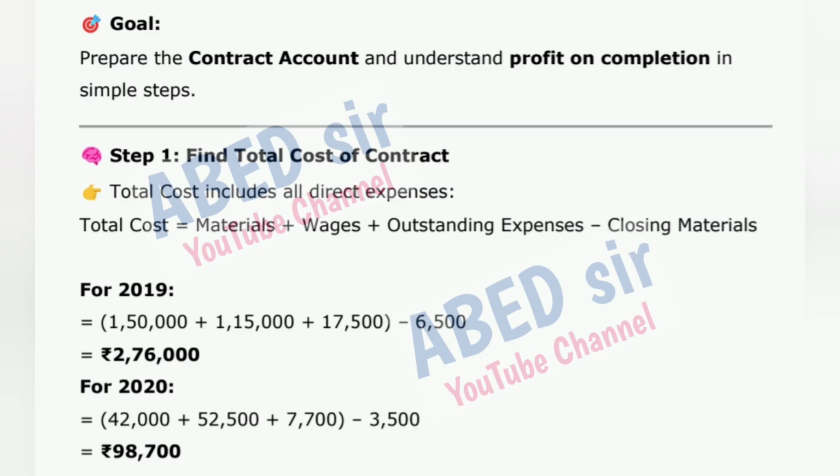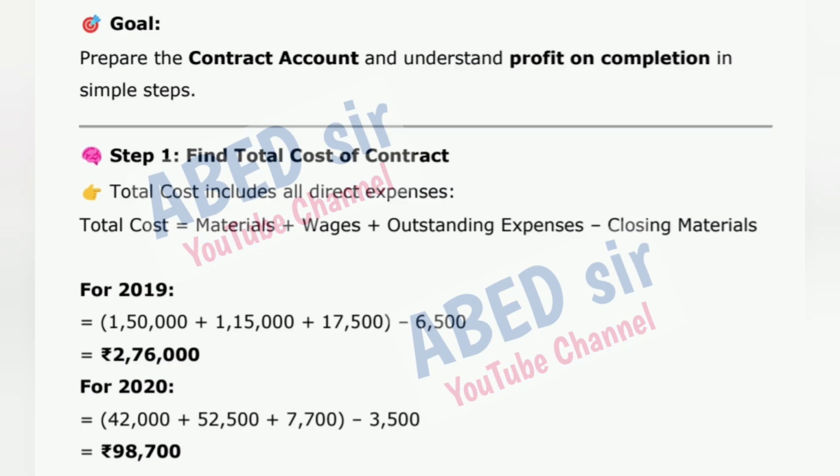Step 1. Find total cost of contract. Total cost includes all direct expenses. Total cost is equal to materials plus wages plus outstanding expenses minus closing materials. For 2019 is equal to 1,50,000 plus 1,15,000 plus 17,500 minus 6,500, equal to 2,76,000 rupees.